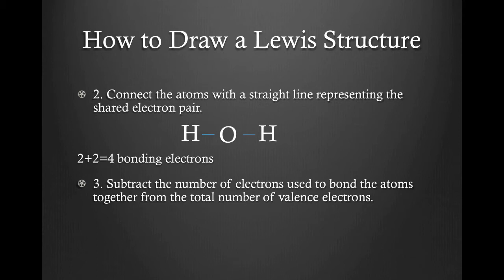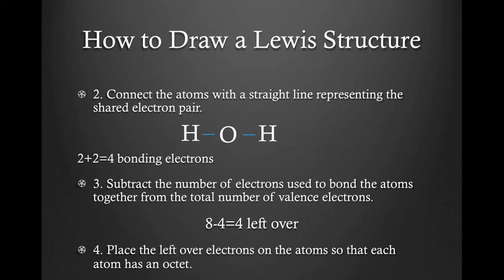So I'm going to subtract the electrons that I used in bonding from my total number of valence electrons, and I'll find I have 4 leftover electrons. And I'm going to place these on the atoms so that they all have an octet. So I'm going to place the 2 leftover pairs on oxygen, and as you see, I have an octet now of electrons around oxygen, 2, 4, 6, 8.